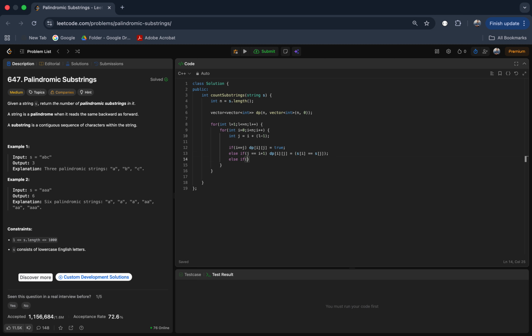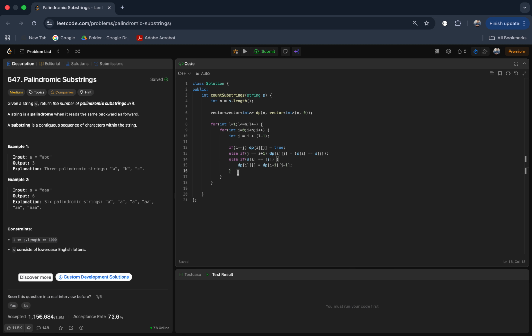Else if s of i equals s of j, then in this condition dp of i j equals dp of i minus 1, or not i minus 1, dp of i plus 1 as we are going to the next index, and j minus 1, if it's equal.